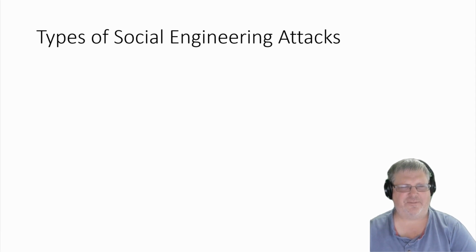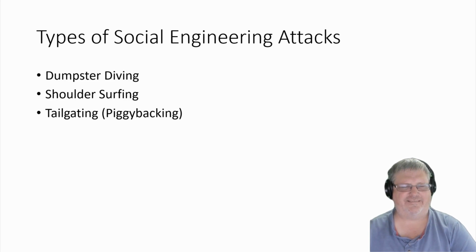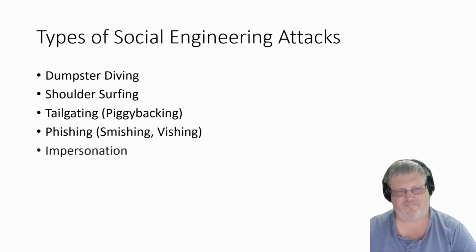There are several types of social engineering attacks. You have dumpster diving, shoulder surfing, tailgating, and phishing, which is also known as smishing if it's phishing using SMS text messages, or vishing if it's over voice or video, and also impersonation.